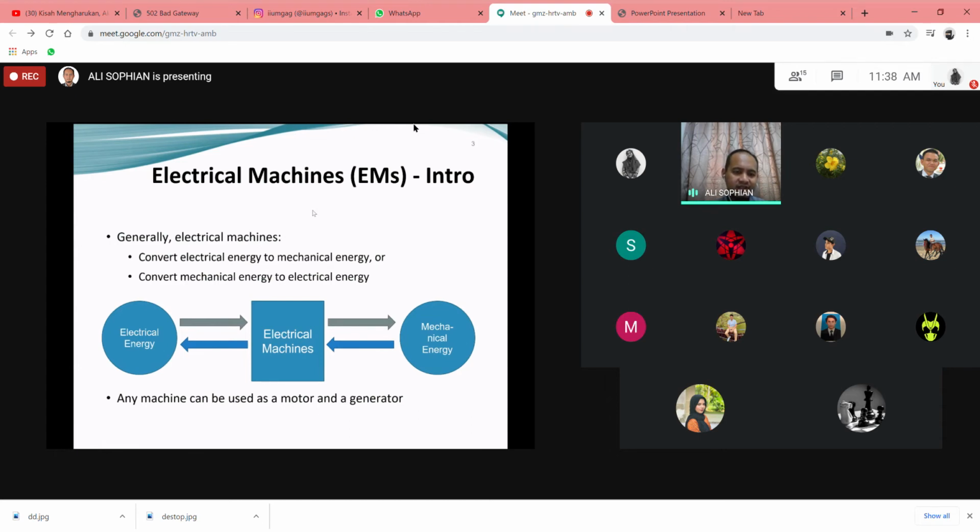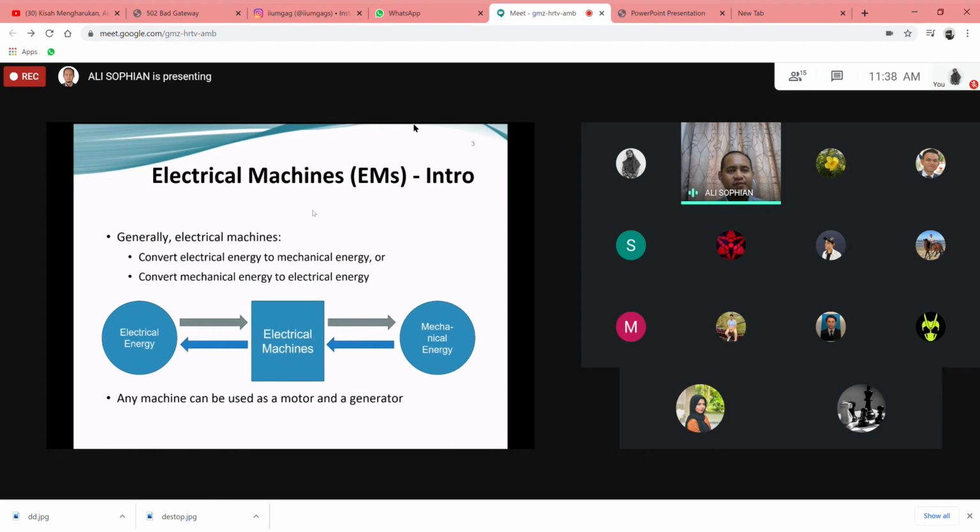Okay, so motors, correct. Motors convert from electrical to mechanical. That's why when we use motors in toys, for example, you connect it to a battery, which is giving electrical energy to it, and then it will start rotating, which is producing mechanical energy.